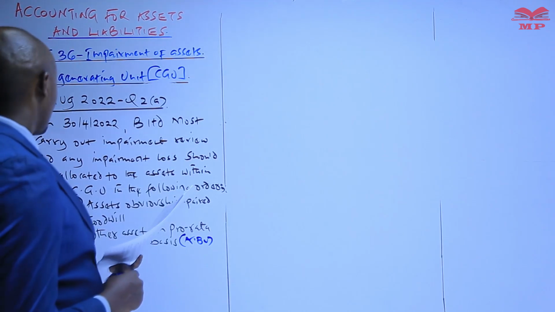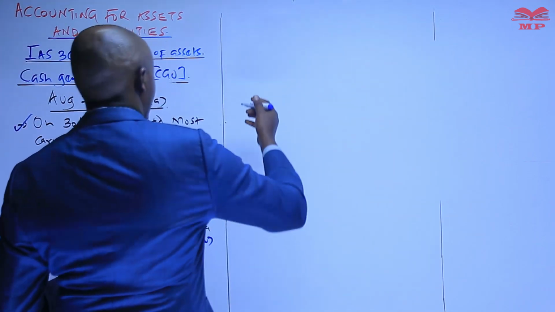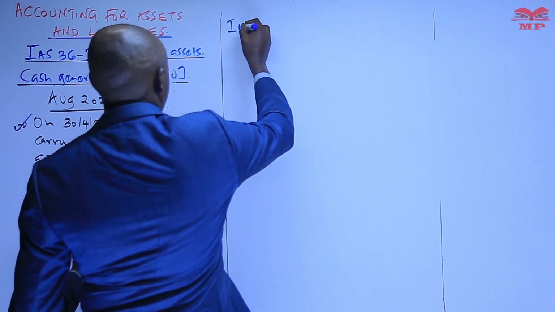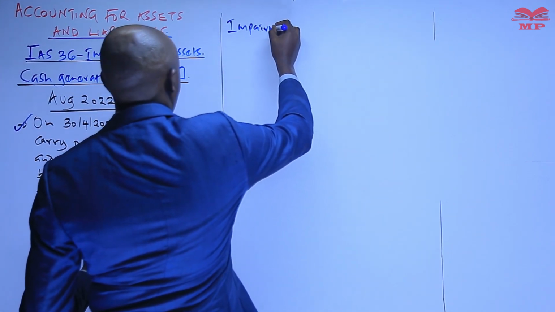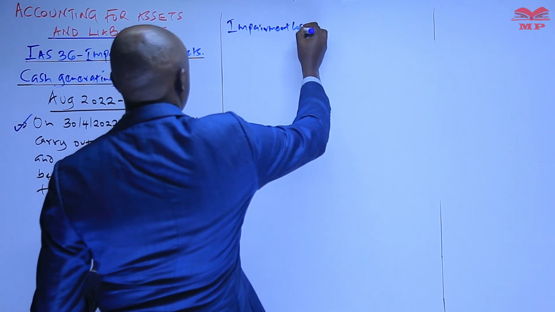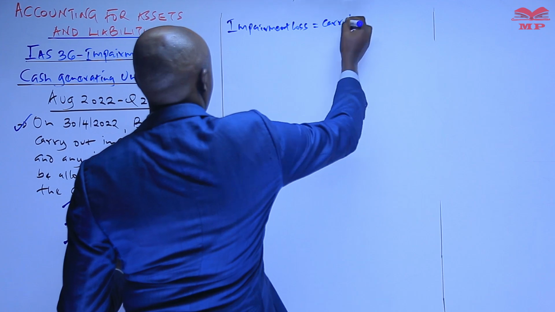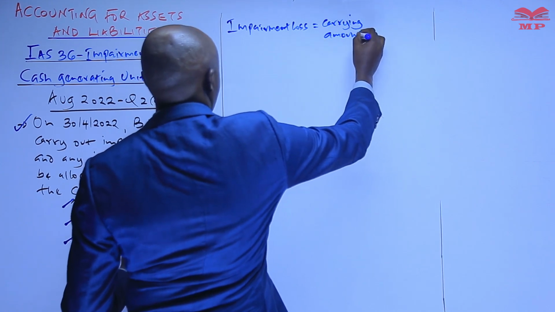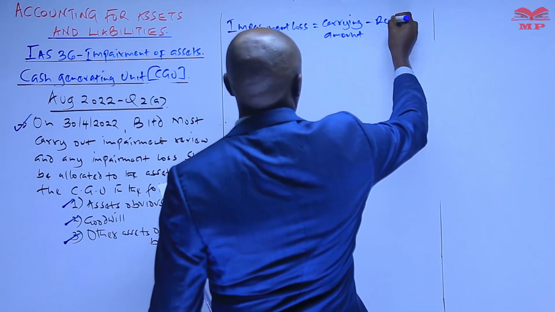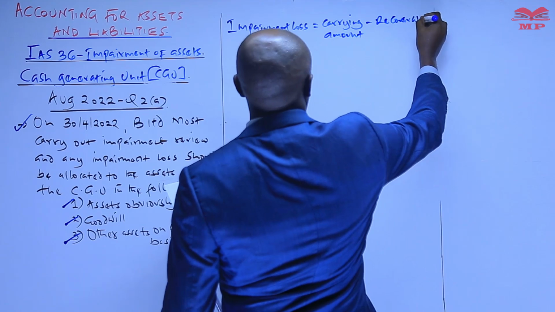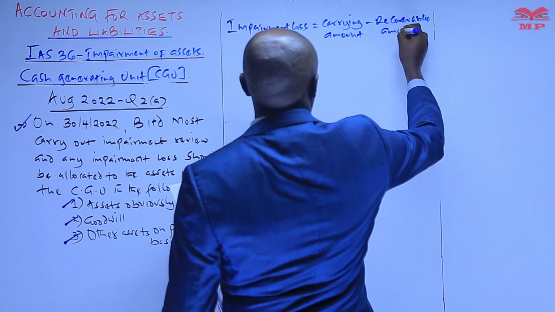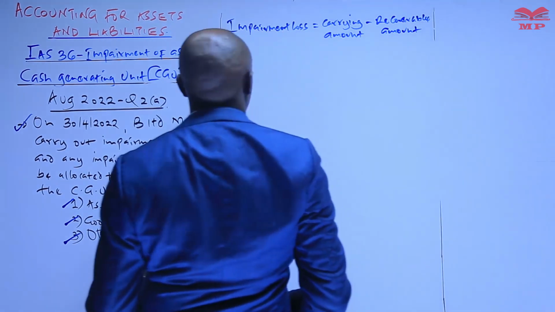And then from there, you proceed, you determine the impairment loss. For you to do that, you must have the formula of determining the impairment loss, which is the carrying amount minus recoverable amount.